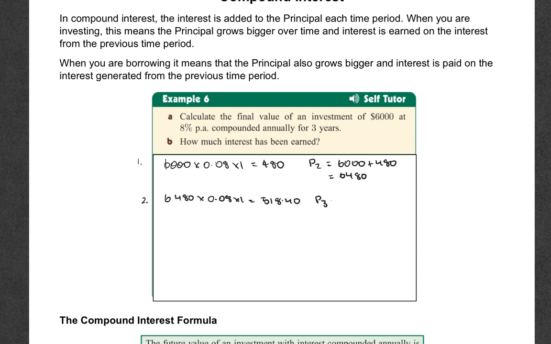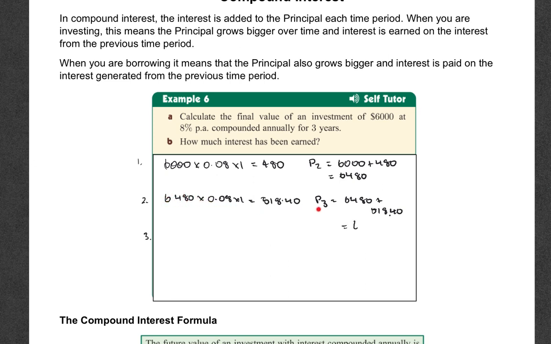Now the trick with compound interest is we take that principal and we reinvest that. Whereas simple interest keeps this 6,000, compound interest reinvests this new amount.